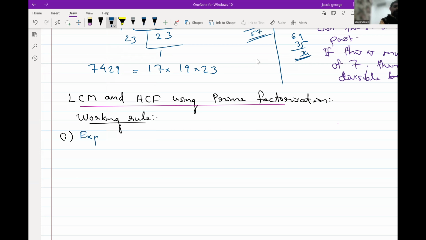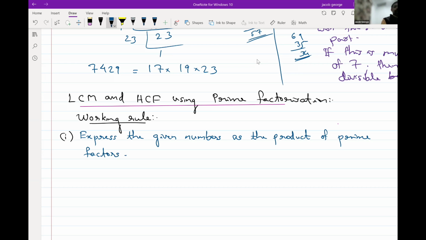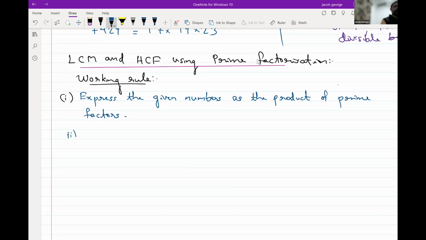Express the given numbers as a product of prime factors.